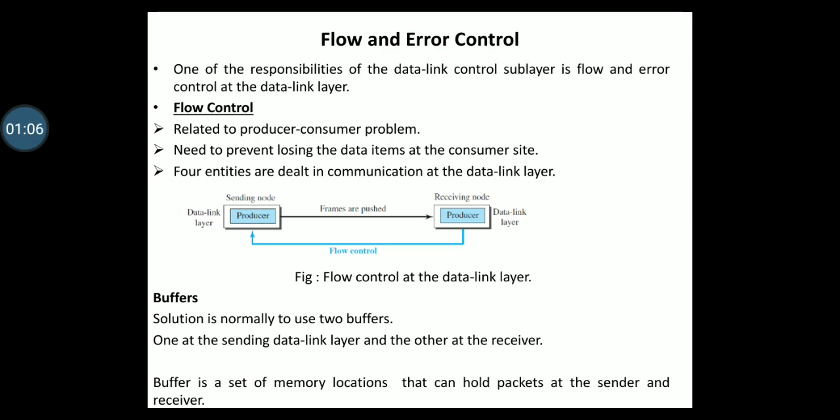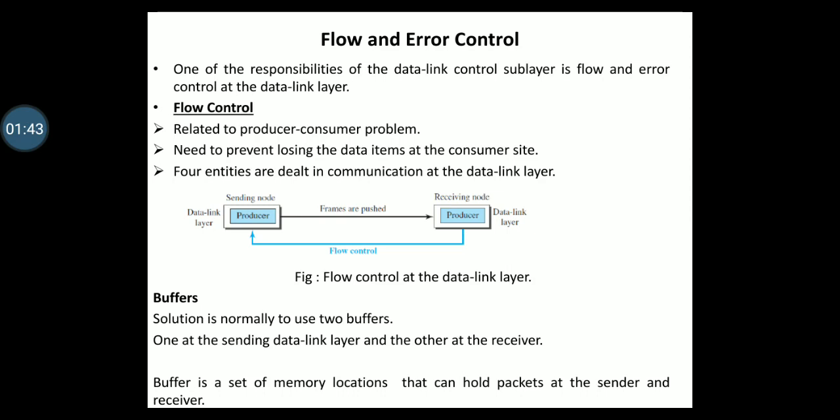If the items are produced faster than they can be consumed, the consumer can be overwhelmed and may discard some of the items. Similarly, if the items are produced more slowly than they can be consumed, the consumer must wait and the system becomes less efficient. So, flow control is related to this first issue: there is a need to prevent the data items at the consumer side from being lost.